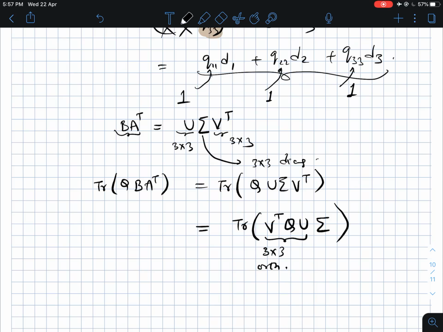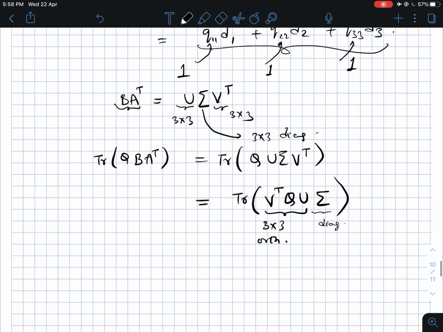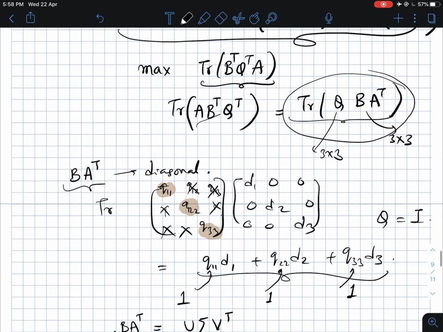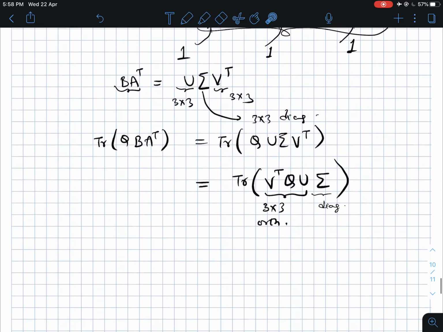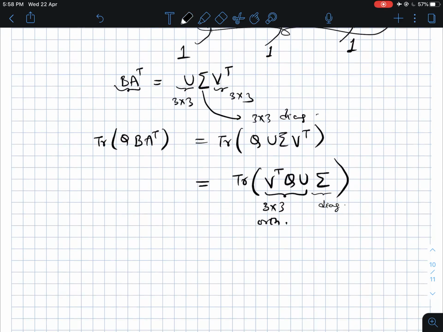Here is what we've done. What you have here is a 3 cross 3 orthogonal matrix, is it not? Remember, we discussed earlier that the product of orthogonal matrices is also an orthogonal matrix. This is a 3 cross 3 orthogonal matrix and this is the diagonal matrix. We have already done this analysis where we have an orthogonal matrix multiplied with a diagonal matrix, and we said this orthogonal matrix better be identity to maximize the trace.